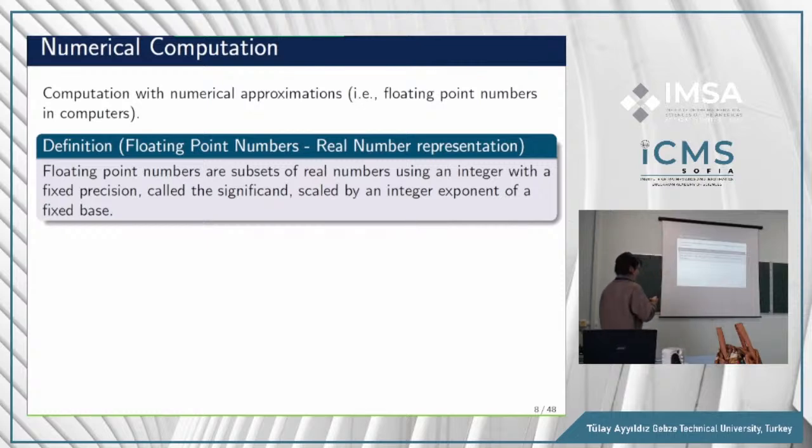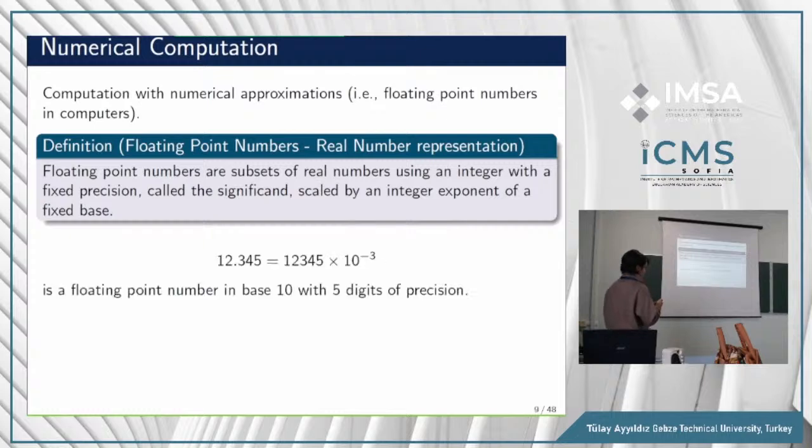So the floating point numbers are a subset. Of course, we cannot represent everything. They represent real numbers using an integer with a fixed precision, and let me show you this example.